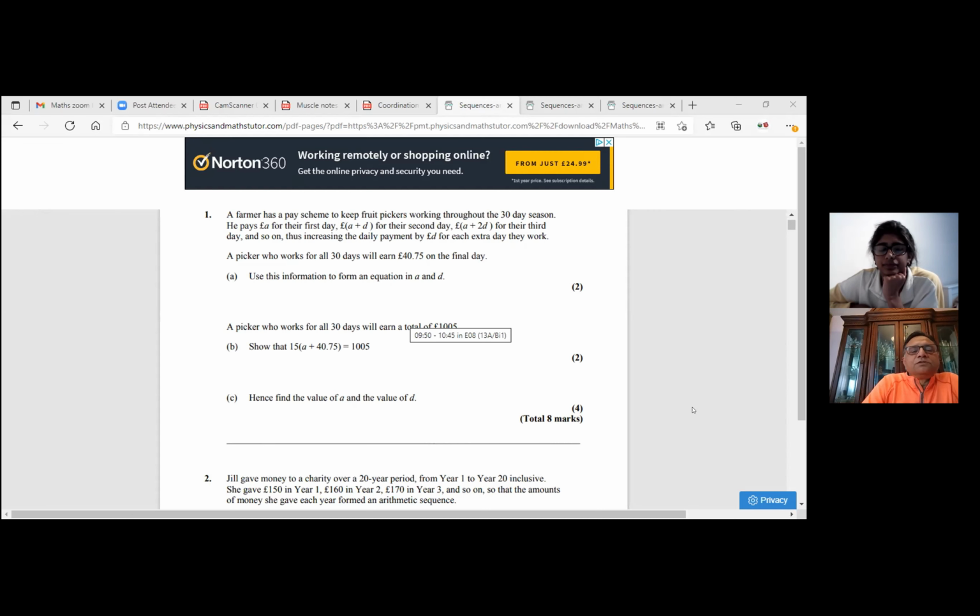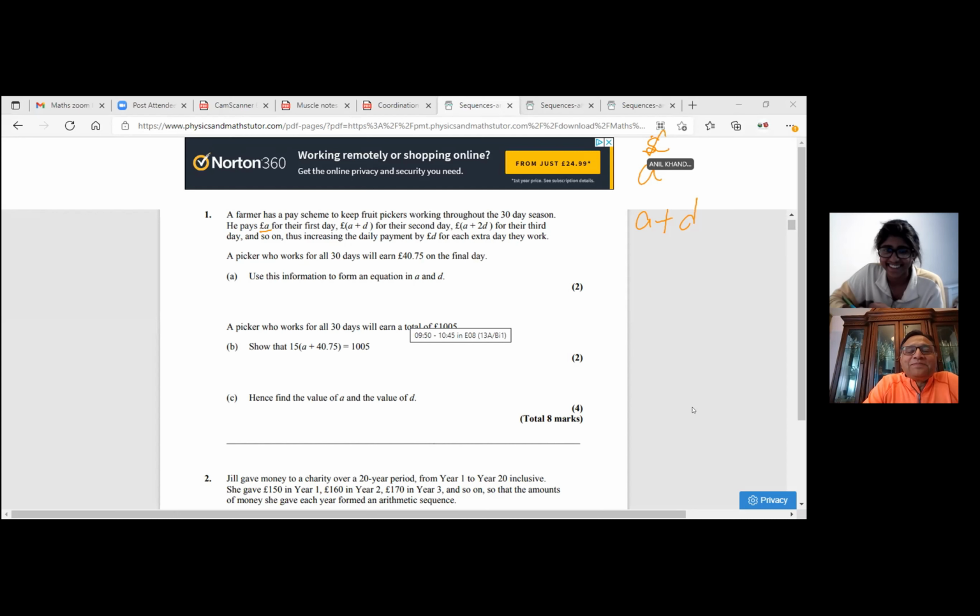Correct, right? So it is basically an arithmetic sequence, correct? So he pays A pounds, so it starts with A pounds. And then the next day, he pays A plus D pounds. So that is a payment being done in pounds, right? Yeah. I'm so used to writing dollars.